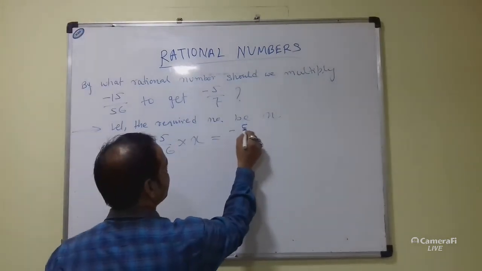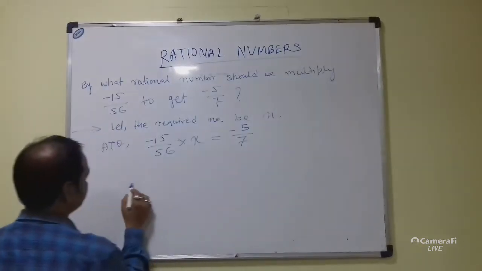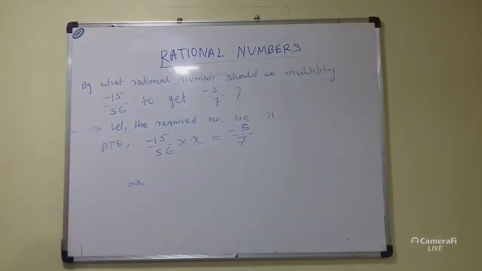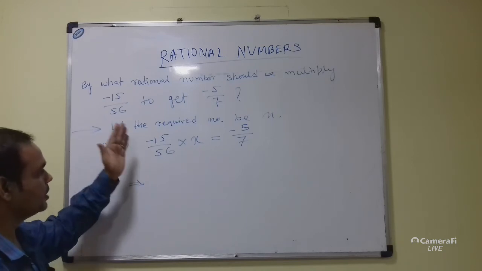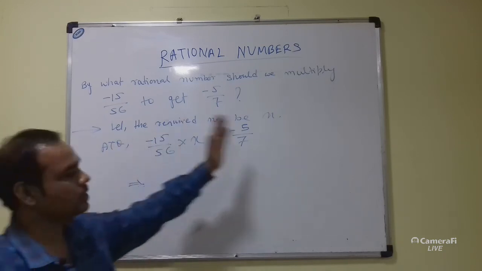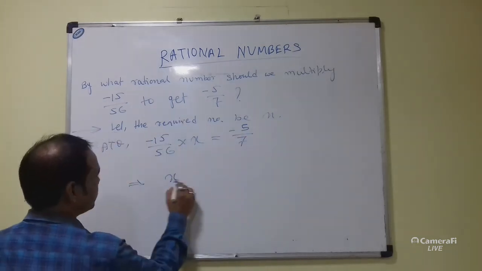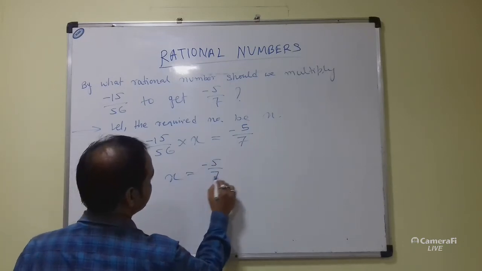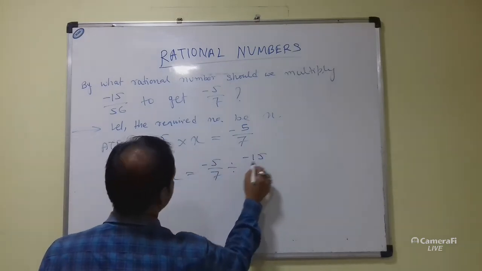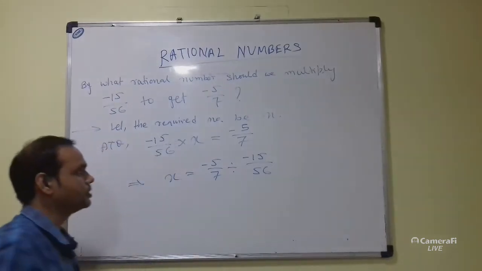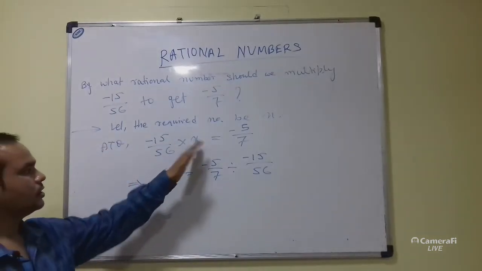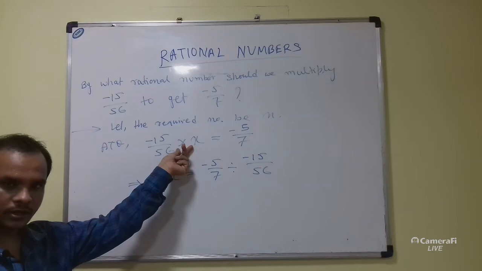So we write minus 5 by 7. Now students, we have to transfer minus 15 by 56 to the right hand side. So it will be minus 5 by 7 divided by minus 15 by 56.